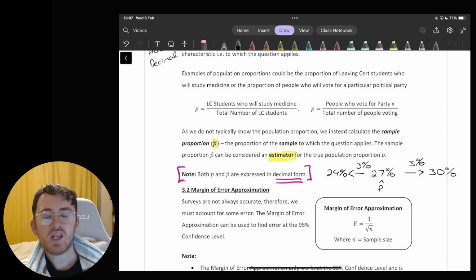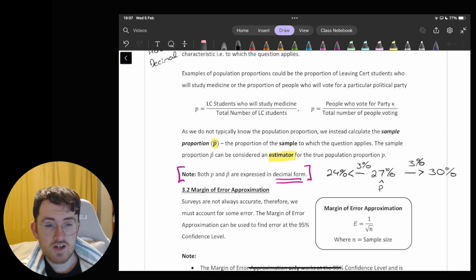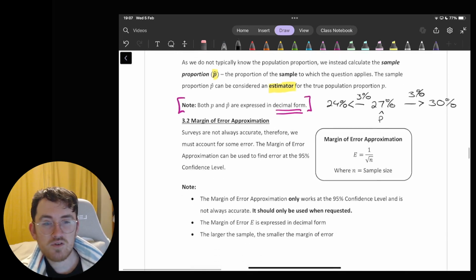And we have two different ways of working out margin of error when it comes to population proportion. The first one is a bit rough and ready to some extent. It's the margin of error approximation, and it's the one in the box here, 1 over the square root of n, where n is the sample size. Again, it's an approximation of the error. It's roughly how wrong we might be, or how much error we need to account for.